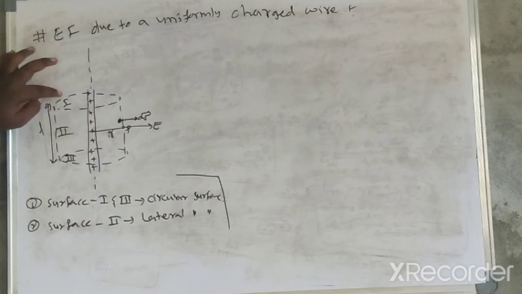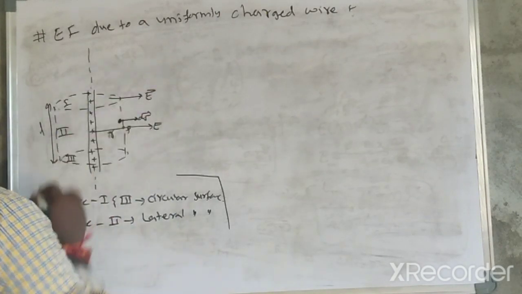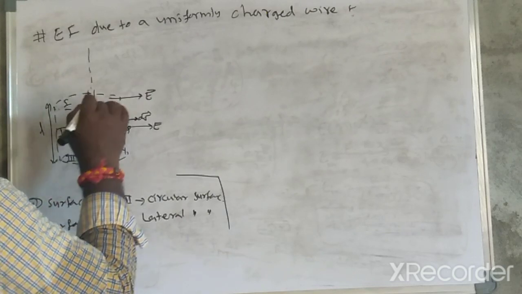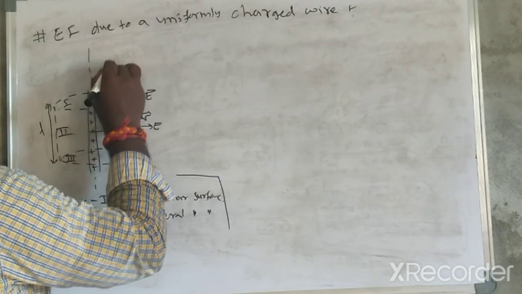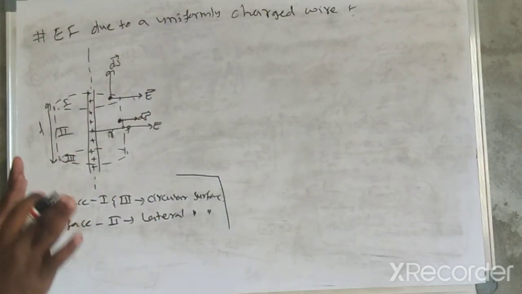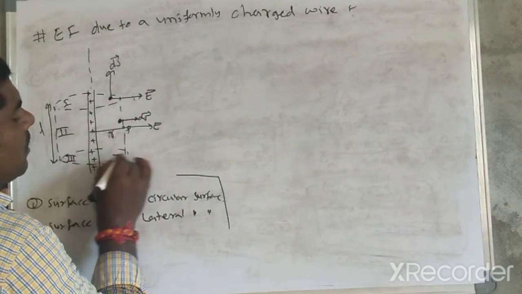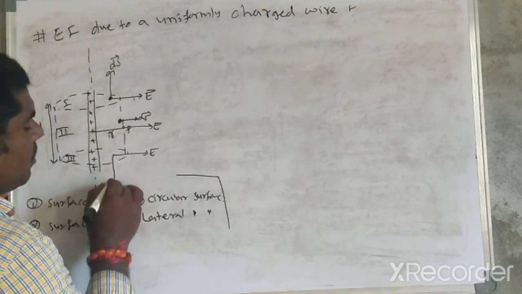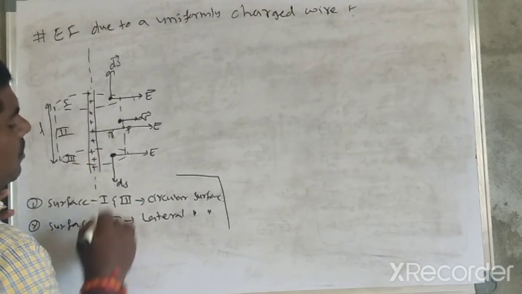So here the electric field direction, this is the electric field direction, first circular surface, and here the area vector dS like this, both are 90 degrees. Here the electric field gets cancelled. And the third surface, here the electric field direction, now here the dS direction, this small elemental, so this is the dA direction.